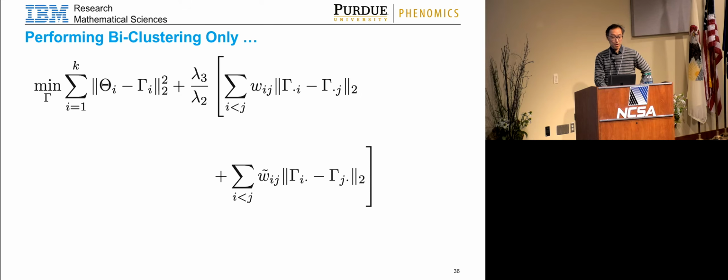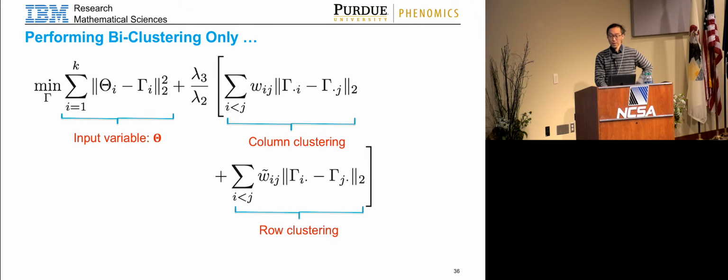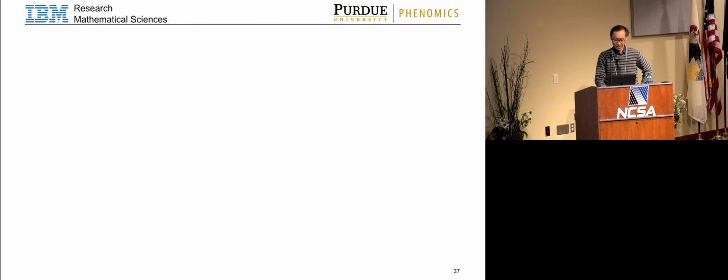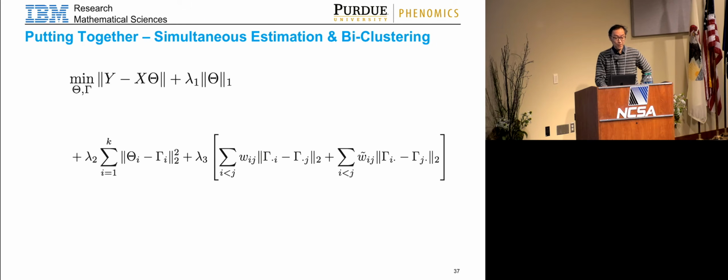And the bi-clustering part has been formulated in this manner, where we're trying to cluster the coefficient vectors, thetas. We introduce a reference, like cluster center coefficients called gammas, and we force the gammas to be similar and thetas to be similar to one of the gammas, and that essentially achieves this bi-clustering phenomenon.